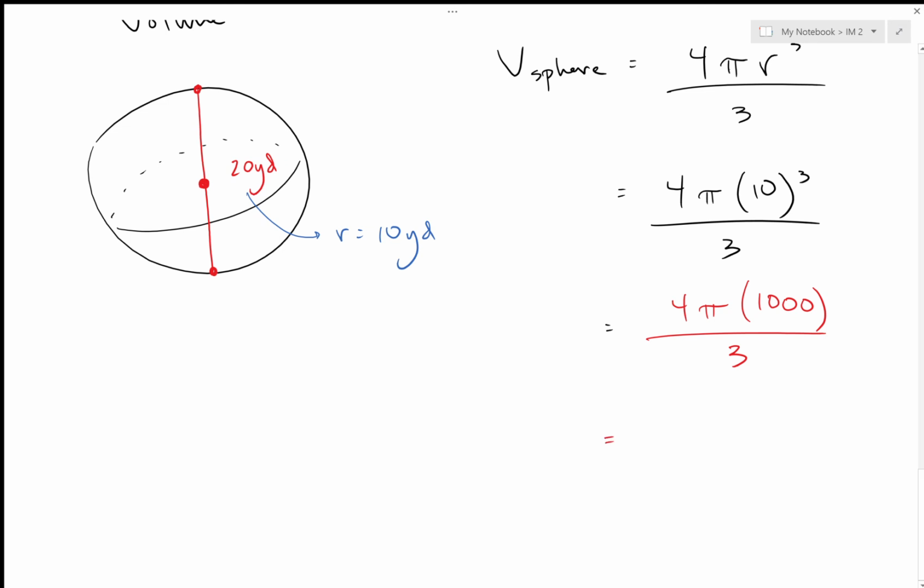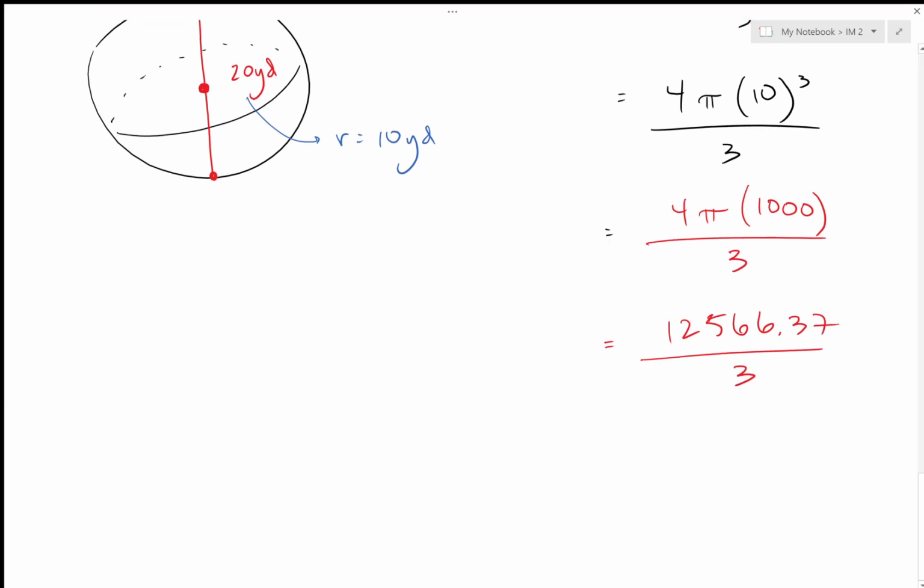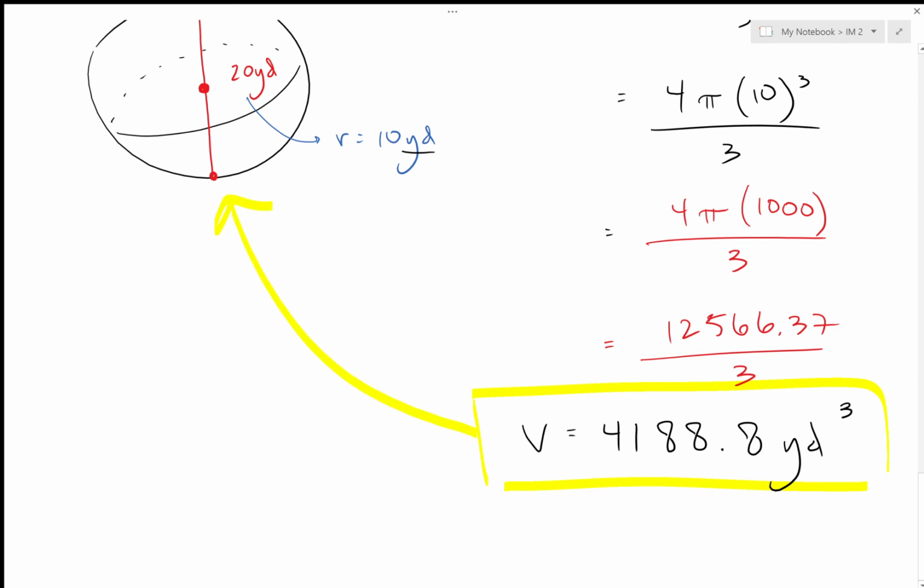So 4 times pi times 1,000 gives me 12,566.37. And then last step is divide that number by 3. So the volume in the end comes out to 4,188.8, and my units were yards. Okay, so yards, and don't forget volume has to be cubed. All right, and there we go. We have the volume of this sphere.